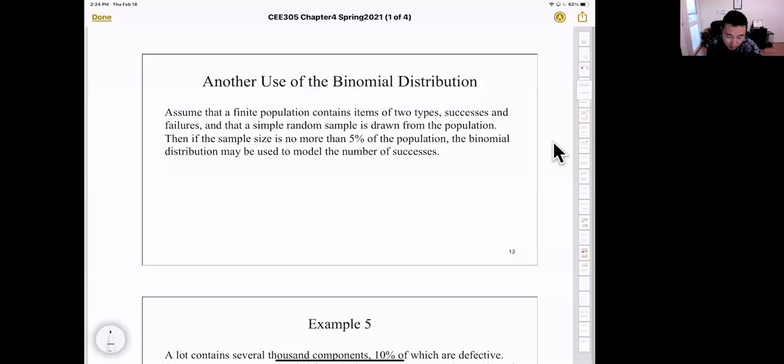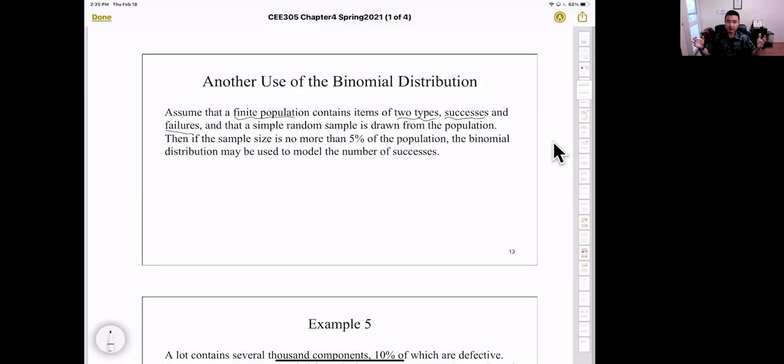Okay. So assume a finite population contains items of two types, successes or failures, and a simple random sample is drawn from the population. We can draw, for example, 10 samples from a population of 1,000.